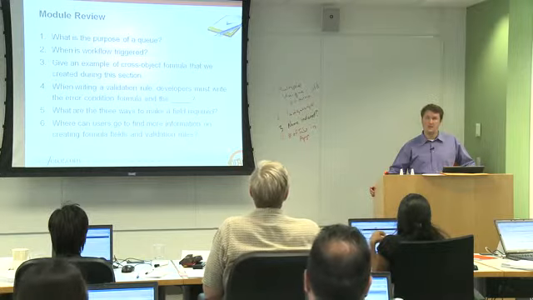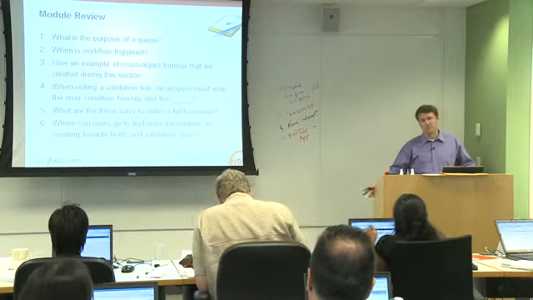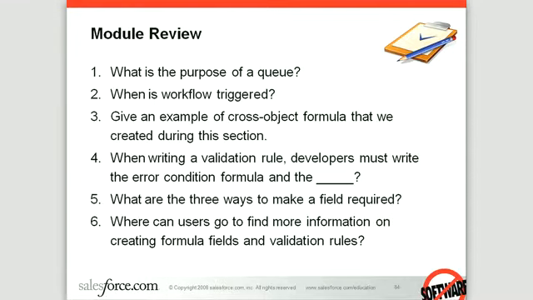Page layout. Yeah. It only applies to the page layout, but that's another place where we can require a value for a field. So 3 things: on the field itself, on the object definition, create a validation rule, or page layout. Okay, very good.